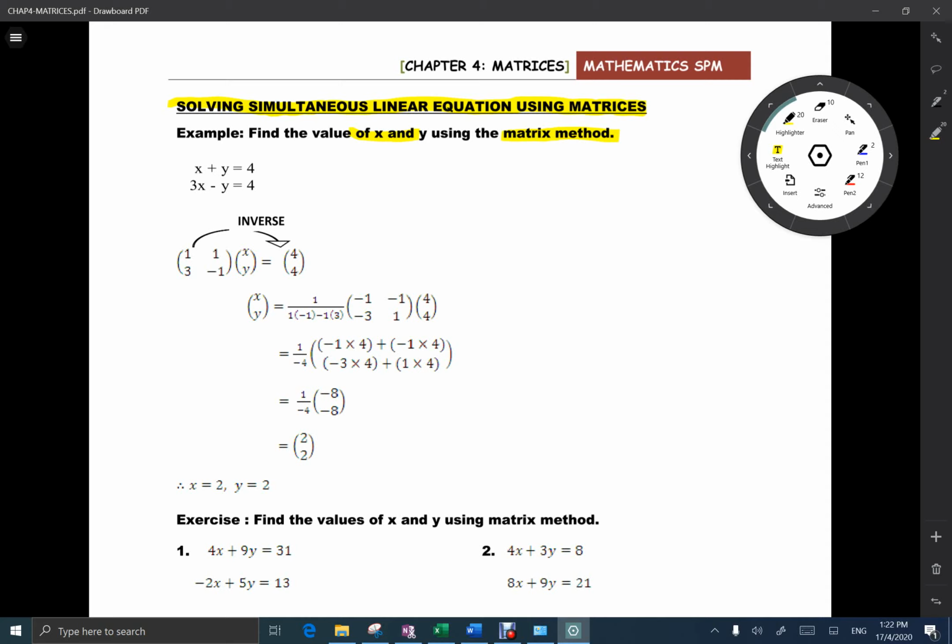Okay, now first step. First step is you need to write the linear equation to matrix equation. Now in front of x is 1, right?